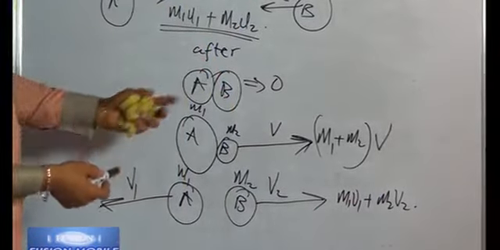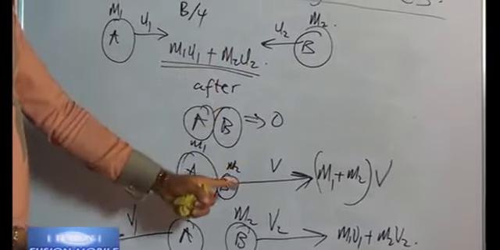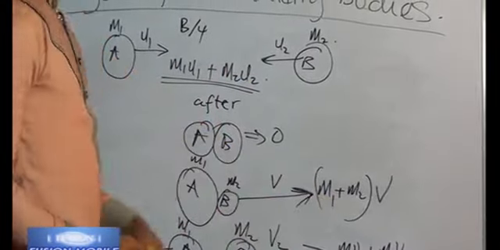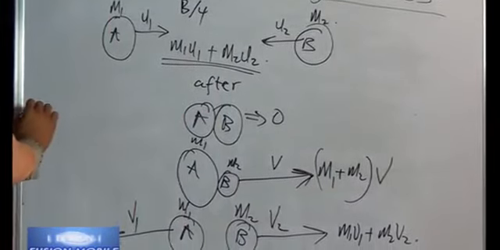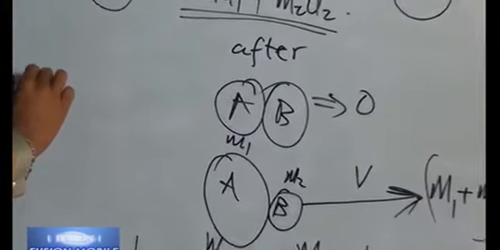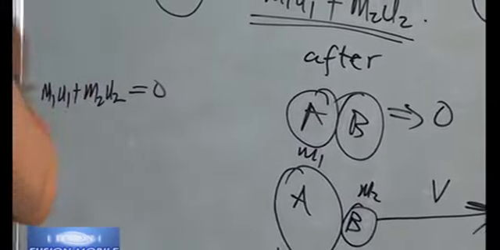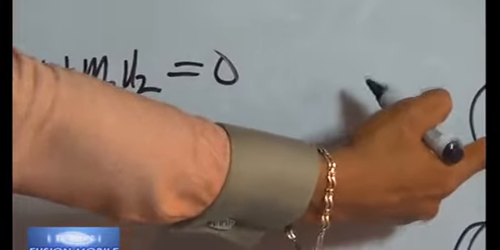And over here we have m1v1 plus m2v2. Now if we obey the rule that says the momentum before impact must be equal to the momentum after impact, that means for the first case, we have m1u1 plus m2u2 equal to 0, because the one before must be equal to the one after.